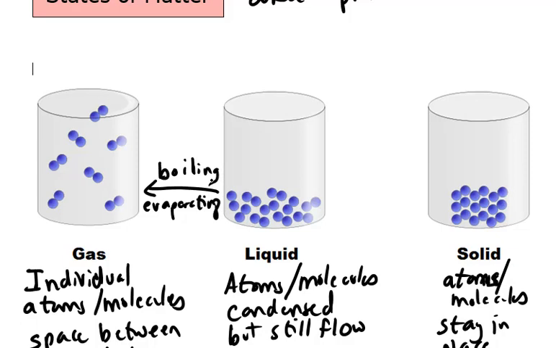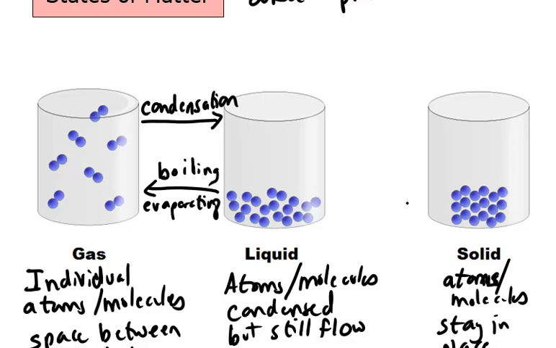And those are not the same process, but they do result in going from a liquid to a gas. Now, if we go the opposite, if we go from the gas to the liquid, that's known as condensation. And it doesn't matter if this is water or another substance.